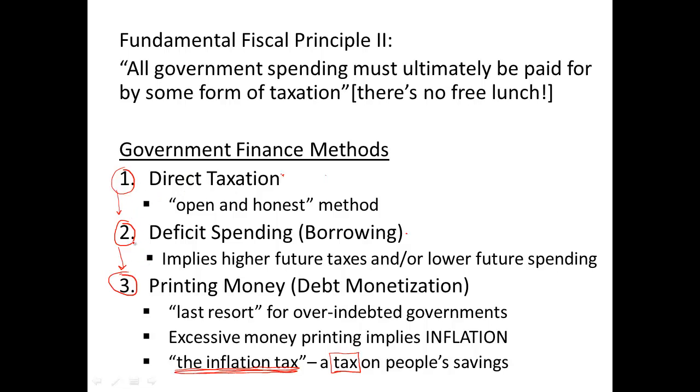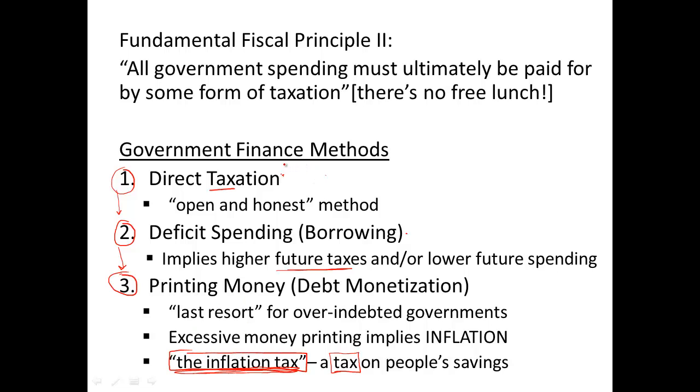Now I'll come back and refer to this listing here of three possible government finance sources several times during this unit. But here's the point I want to get across to you right now. Direct taxation, higher future taxation, or the inflation tax. Notice here, they're all some form of tax.